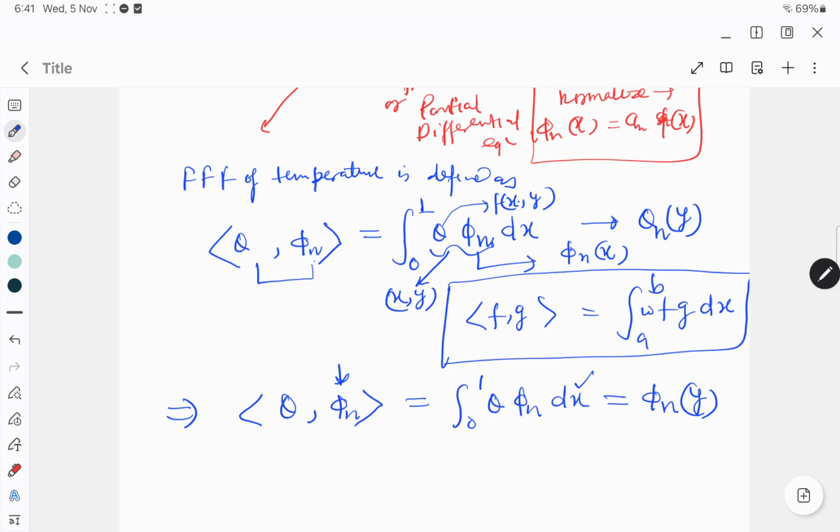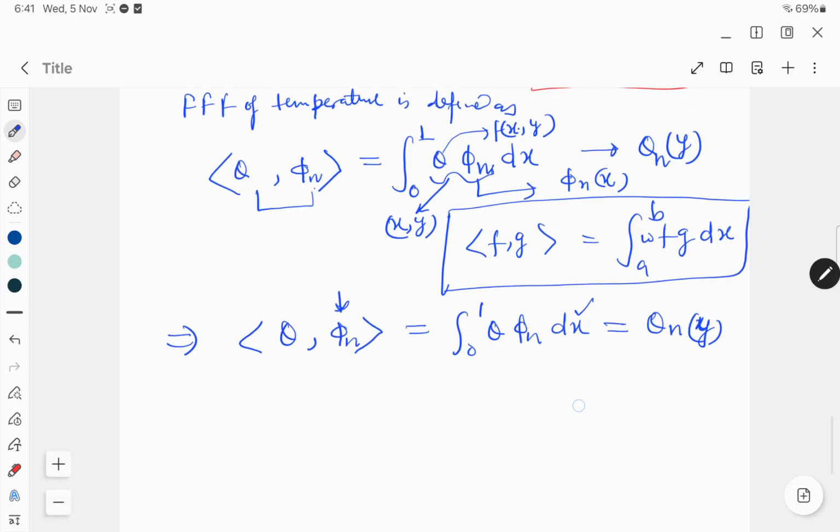So x will be eliminated and you will get the function in the form of variable y. So this would be rather not phi n, this would be theta n y, sorry, theta n y. So this is the FFT of a variable.